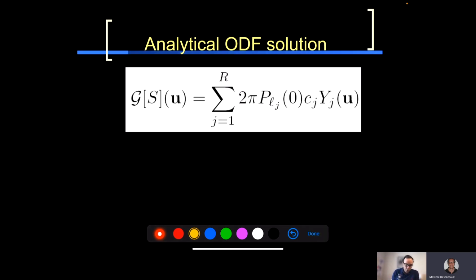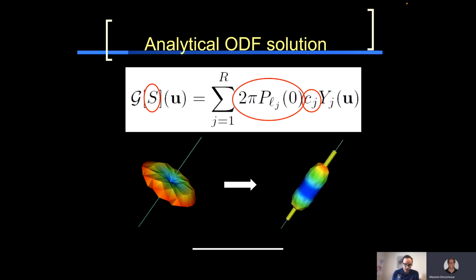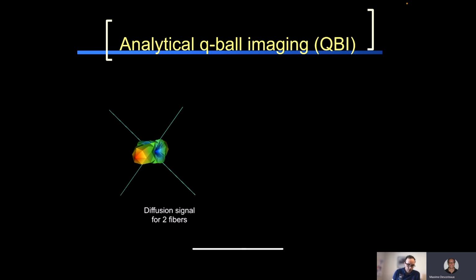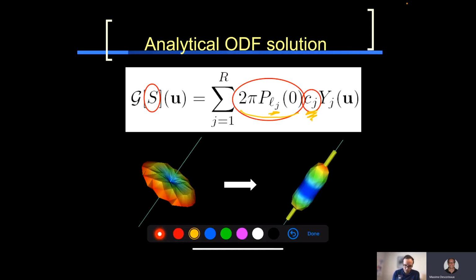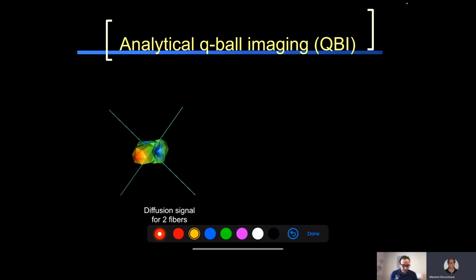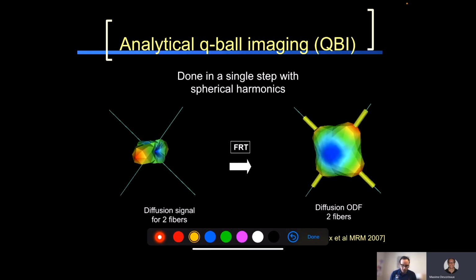So this equation is this one. You can read the paper. There's a nice proof to it. So it's just simple math on the coefficients, right? So you get the signal, you get the C coefficients, and you apply 2 pi, the Legendre polynomial, evaluated at 0 for the specific order. And a little bit like magic, you get your solution. This just transforms the signal and performs this transformation analytically.